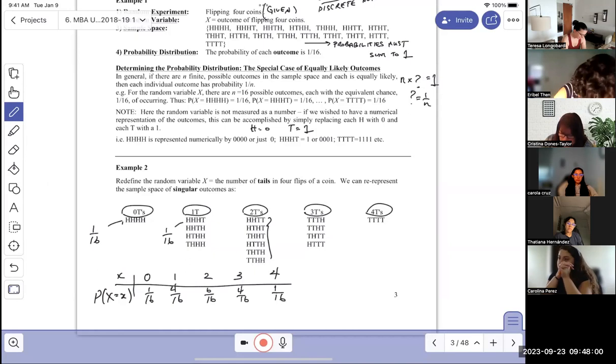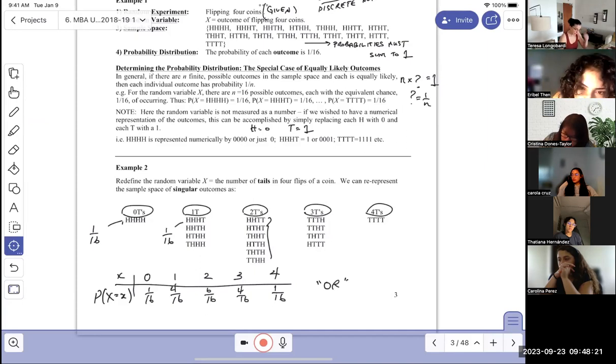That's because it's either this or this or this or this that has one tail in it. So if I say this or that, I can just add the probabilities to find the chance of any of them.